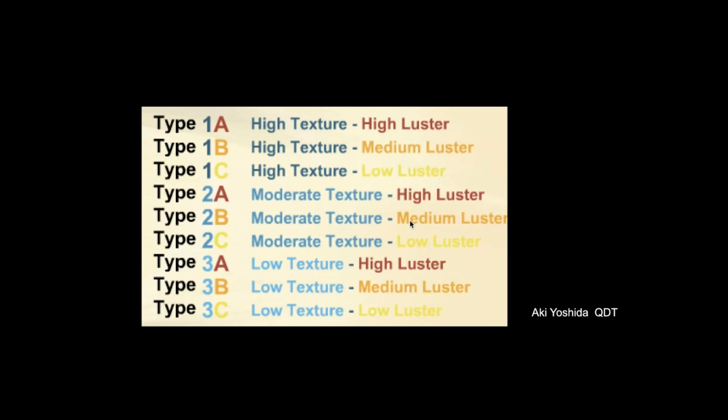The ones that I feel are the most difficult are the type 3 teeth, so 3A, B, and C. These are low texture teeth that either have a very high luster or a very low luster. The high one is not so difficult, because it's easy to polish up a low luster tooth. But when there is low texture, getting that low luster and maintaining the lack of texture, I find to be one of the more difficult ones.